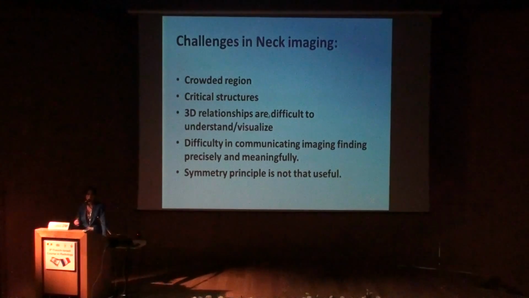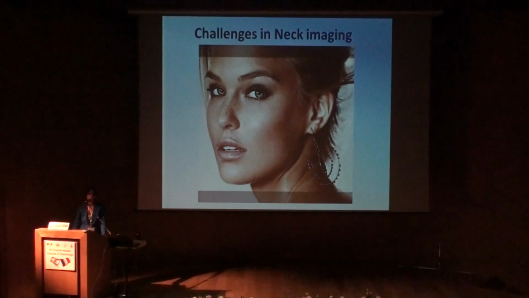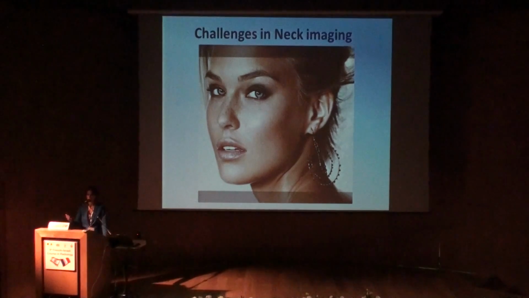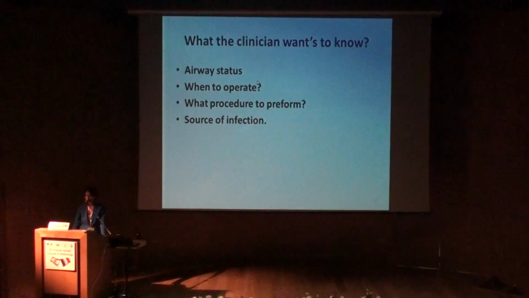Especially if you're not doing it a lot, it's difficult to communicate the imaging findings in a meaningful and precise way. Sometimes the symmetry principle is not that helpful because you wonder which side is the normal. And this is a part that represents the head and neck. Some of us earn a lot of money from that. And everything you do might harm this critical area.